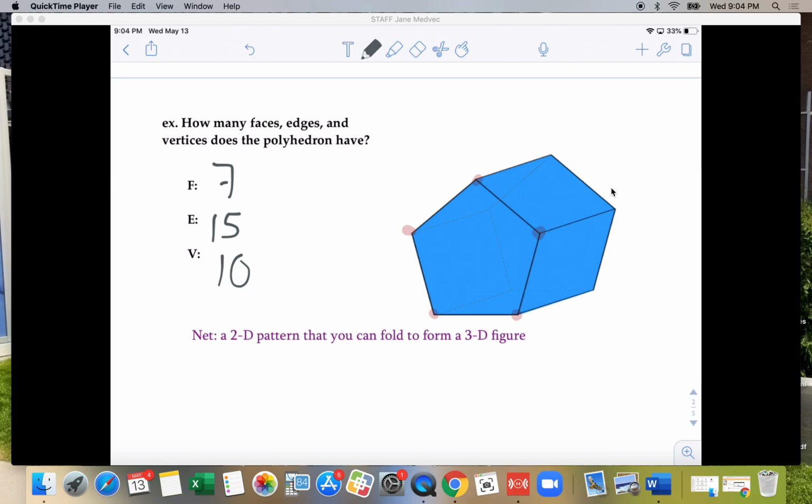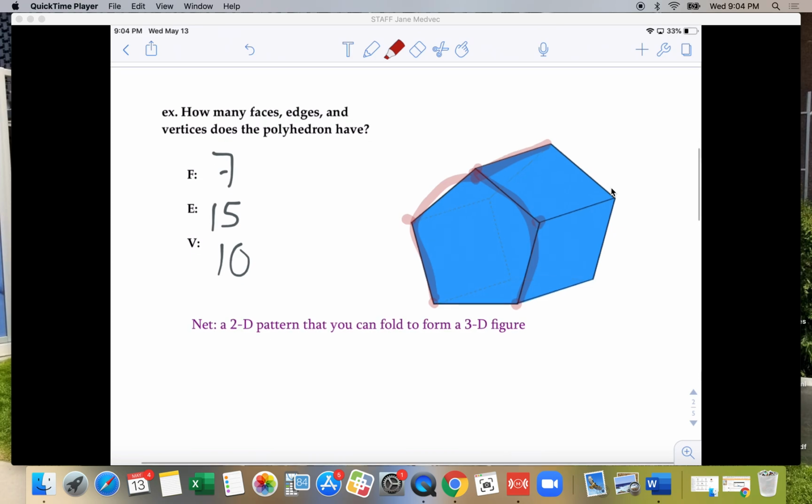Now, something that students struggle with is, if I'm given a three-dimensional figure, what does the net look like? A net is a 2D pattern that you can fold to form a 3D figure. It's kind of like taking the figure in front of you, cutting it on the top right here, cutting it like this, and then folding it open.